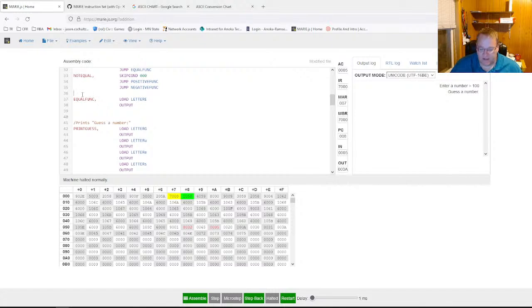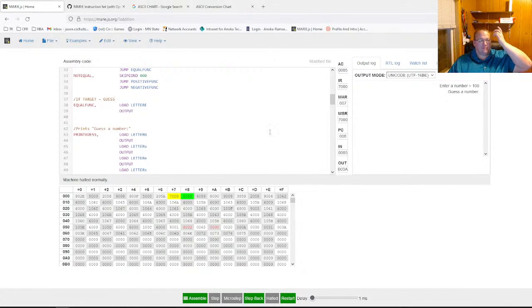All right, so then on this one, this says if target equals guess. That's a good one.